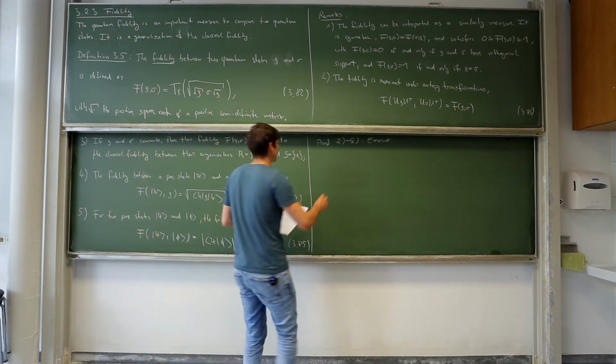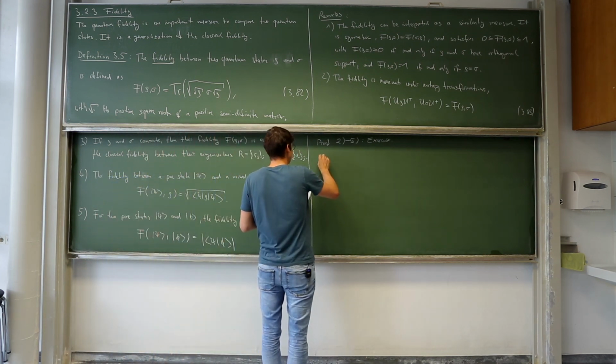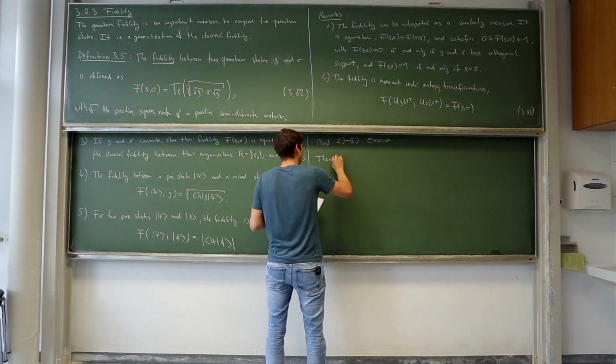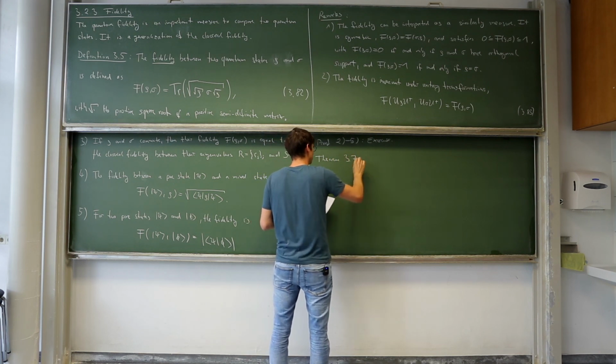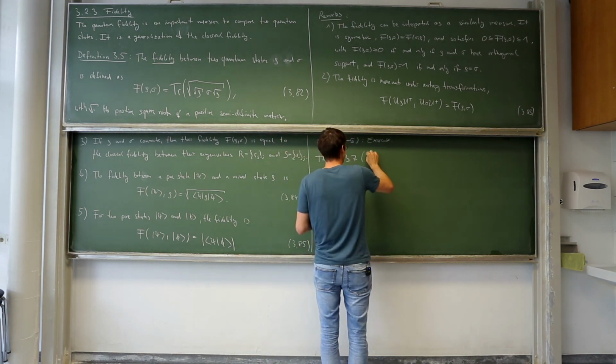So it's theorem 3.7, which is called Ullmann's theorem.